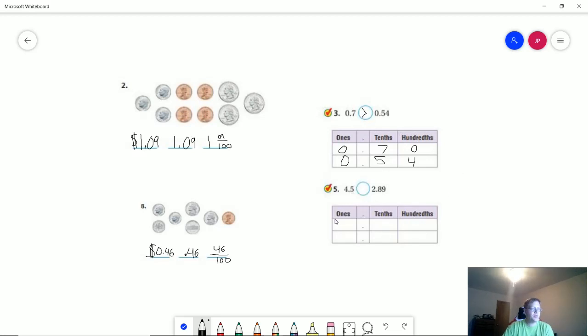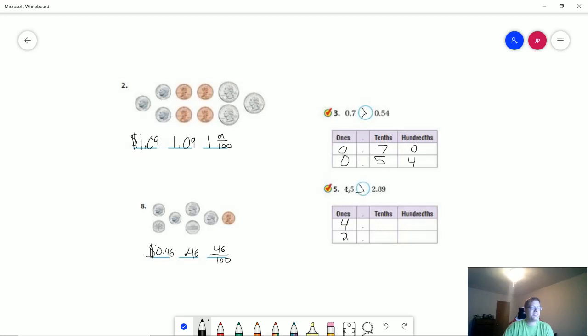For the second one, we can say that we have 4 in the ones place compared to 2 in the ones place here. If you're thinking about what I just said, we can go ahead and answer the problem and say that this one is larger.